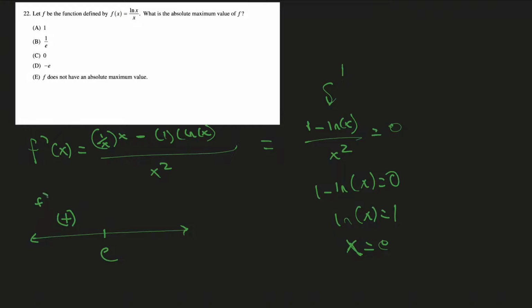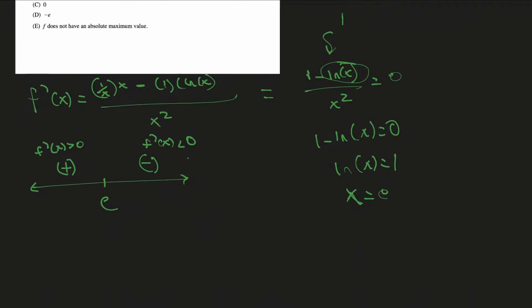So f prime of x is greater than 0, which would imply the function is increasing. After e, if we have, for example, 2e, the values here would be greater than 1, leading us to a negative value, which would mean f prime of x is less than 0, indicating that f of x is decreasing.